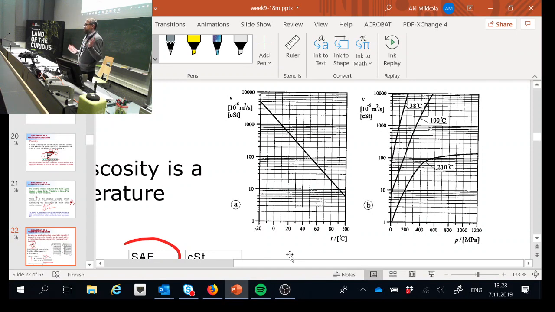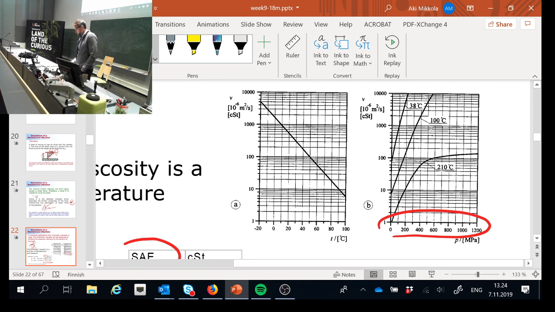This is very difficult to account for in modeling of hydraulics, but the good thing is that often we don't need to worry about that, because viscosity is needed only in laminar flow, which we will get back to. Now this tells how temperature and pressure affect the viscosity. The pressure too seems to have a significant effect, because this too is on a logarithmic scale.